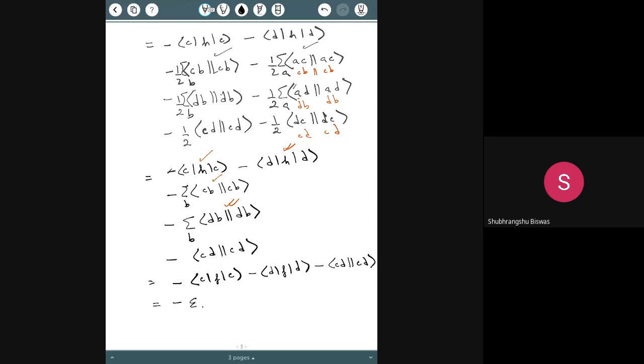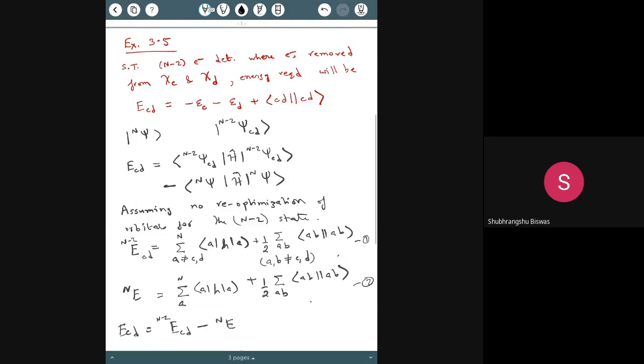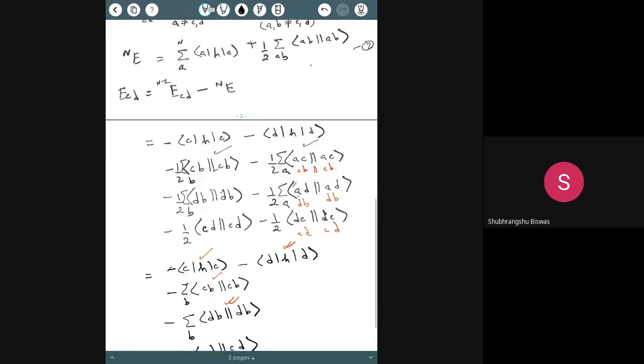So I get minus epsilon C minus epsilon D minus CD, CD. And that is what was asked in the question. So the language for my question can be different from that in Szabo, but basically it's what they wanted. Okay. I just wrote it from memory, so it's not exactly the same.